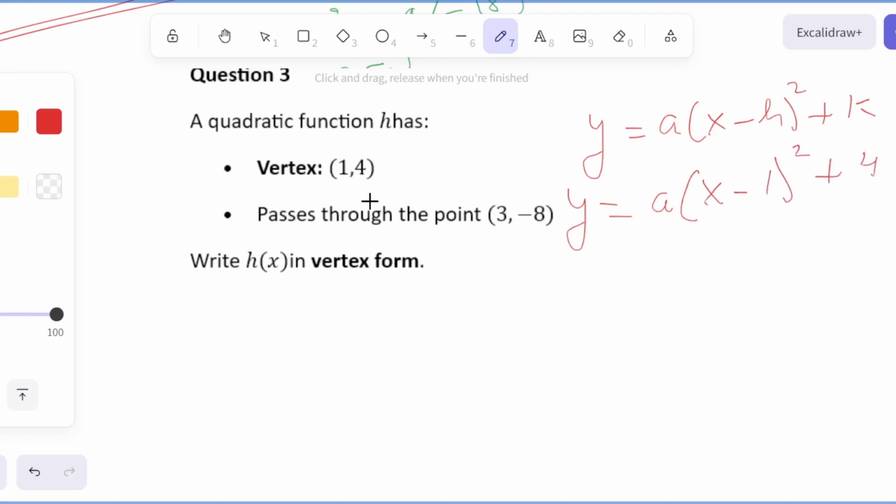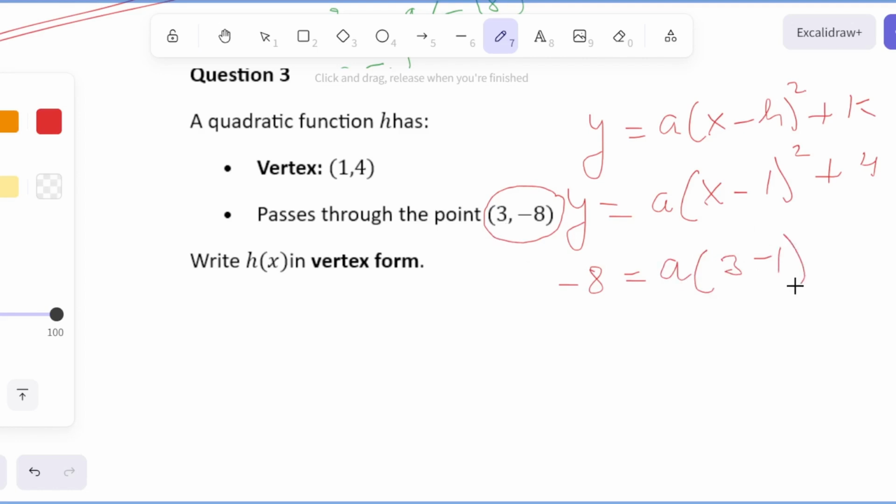Now to find out the value of a, we have to put the coordinates of this point. In the previous two questions, what we did for the vertex form, they gave us the y-intercepts. This time they have given us any one point through which this parabola is passing. So (3, -8). So -8 is the y coordinate. So -8 equal to a times, you have to put 3 here.